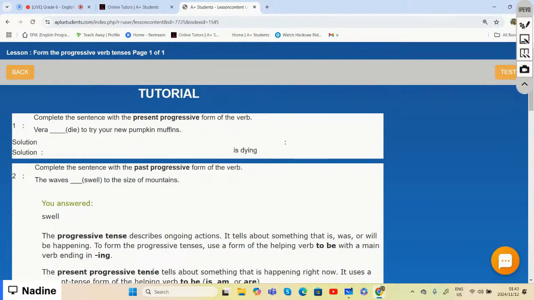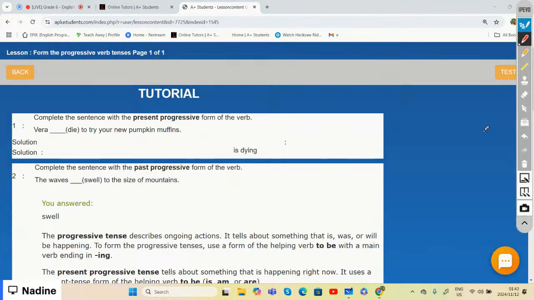All right. So now it says we're going to stick to number one. It says Vera die to try your new pumpkin muffin. And if we were to add our proper main verb plus a helping verb, we can say Vera is dying to try the new pumpkin muffins.